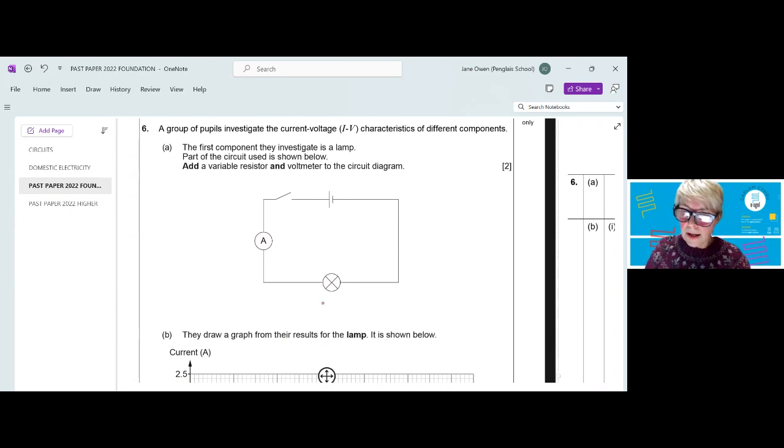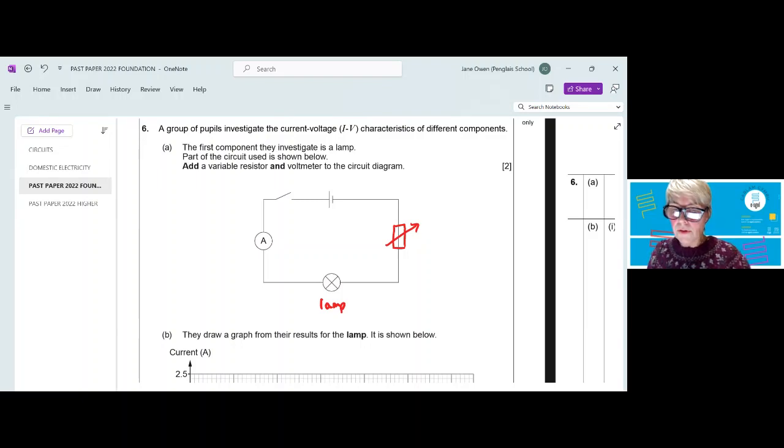Okay, you know that's a lamp because you've got a symbol there for a lamp, and part of the circuit is shown below. They want you to add a variable resistor and a voltmeter to the diagram. Now, a variable resistor could go anywhere in that circuit, but perhaps it can go here on the right-hand side because there's space for us, but it could literally go anywhere around that series circuit with the ammeter in.